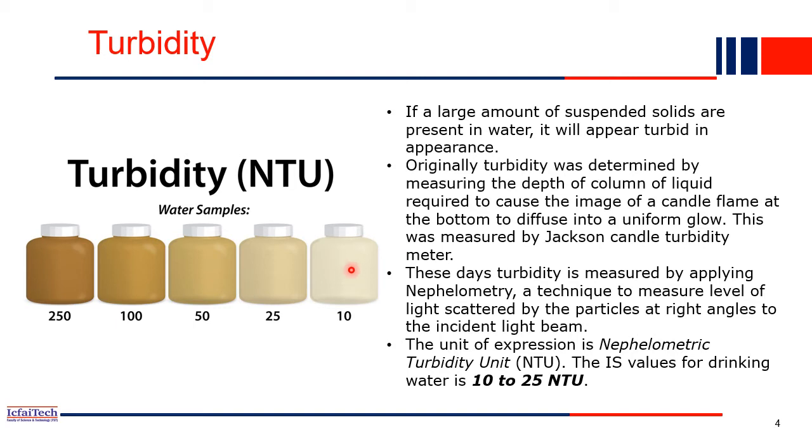If the water is more muddy, then less candle light will pass through it, and the reflection will also be less at the bottom, at the backside. So if more mud is there, the light transmission will be less. Based on these properties we can find out how turbid the water is.